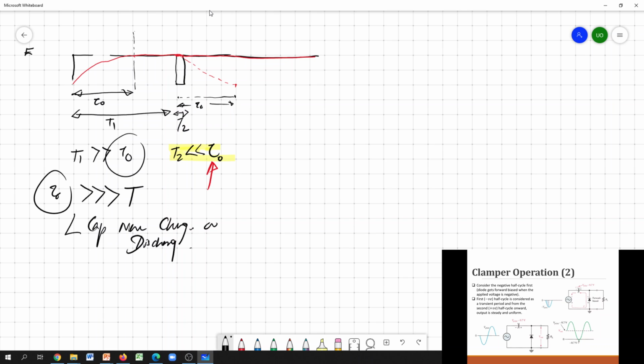Whatever the stored energy is remains as it is, and no charging or discharging happens. Using that concept we can discuss the behavior of the clamping operation. So let's see the behavior of clamping operation next time, with the help of this very basic concept.